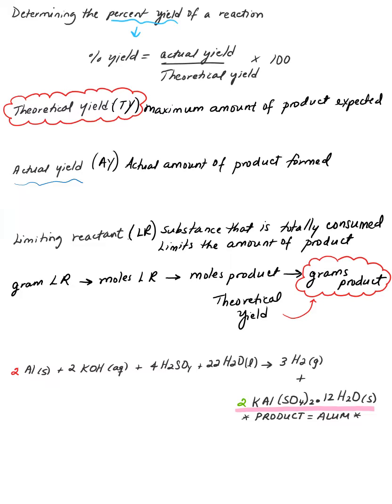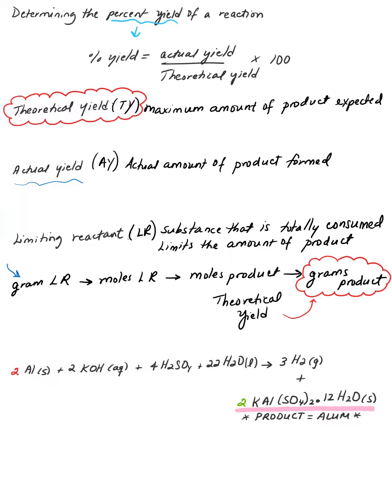So I have here a diagram of the steps that you need to follow to get your theoretical yield. You're starting with the grams of your limiting reactant. The first thing is converting those grams to moles.